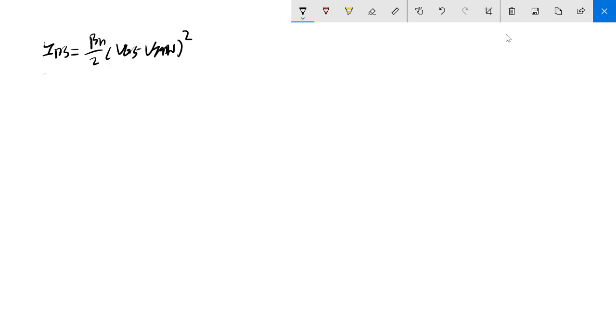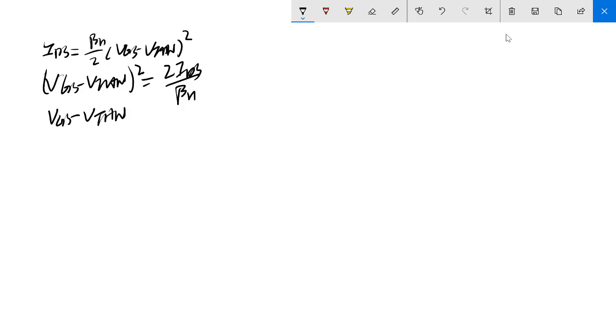The way to do that is move 2 to here, so (VGS minus VTHN) squared equals 2 IDS over beta n, and then do a square root on both sides, so VGS minus VTHN equals this.